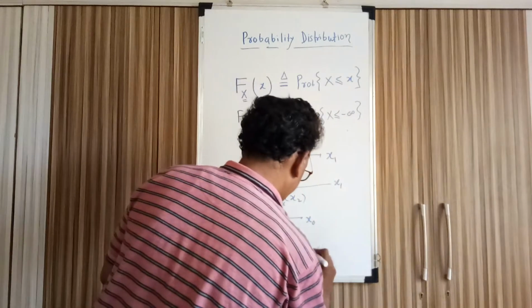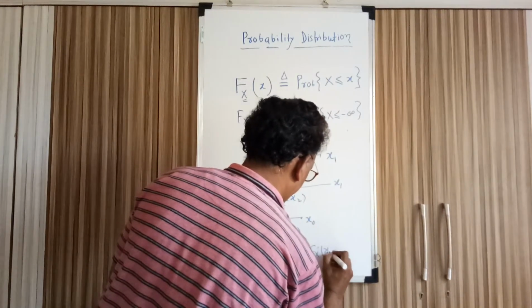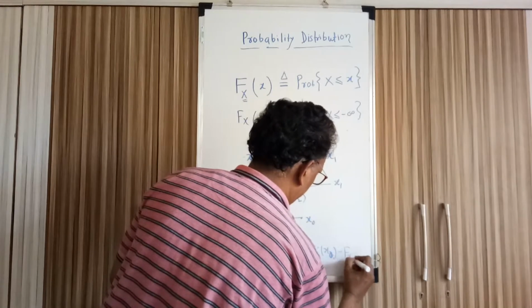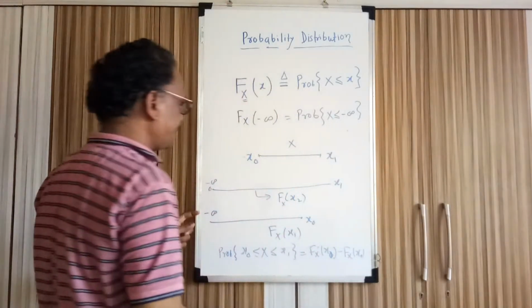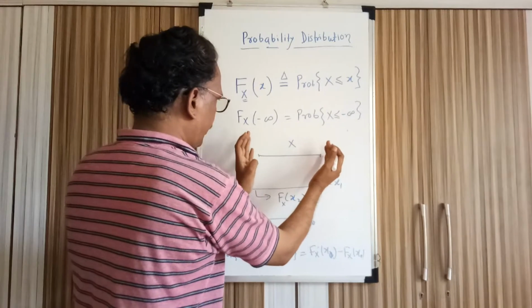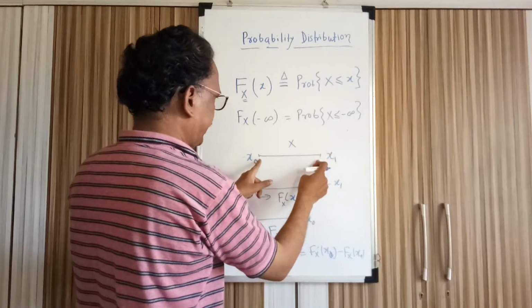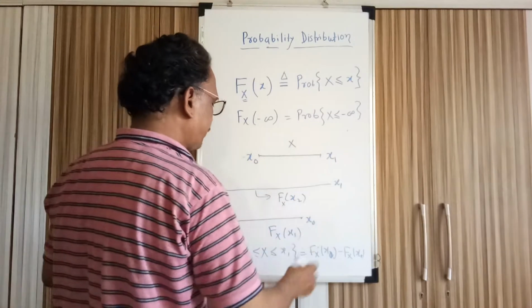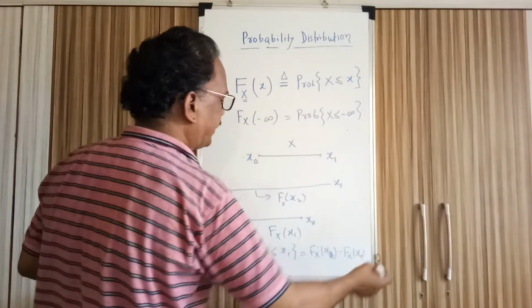So definitely it will be Fx of x1 minus Fx of x0. So whenever it is asked what is the probability that the random variable is taking value between x0 to x1 in terms of its distribution function, we can write like this.